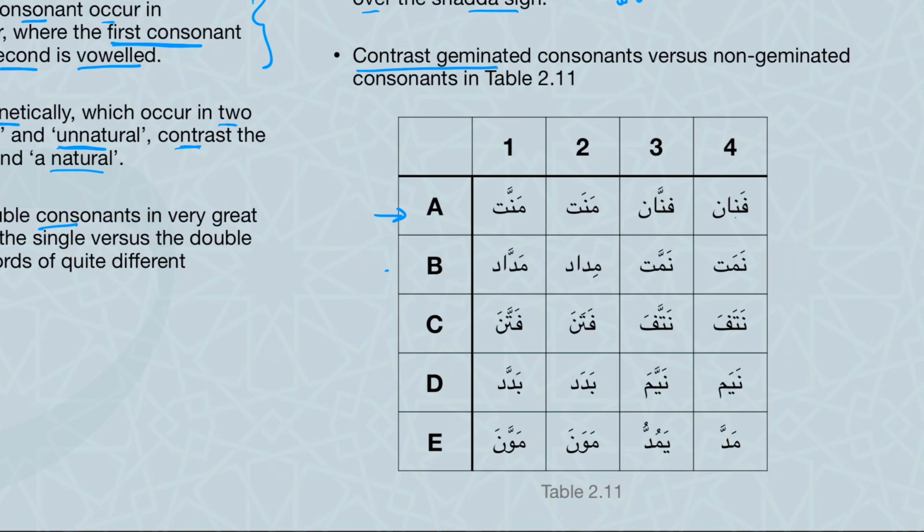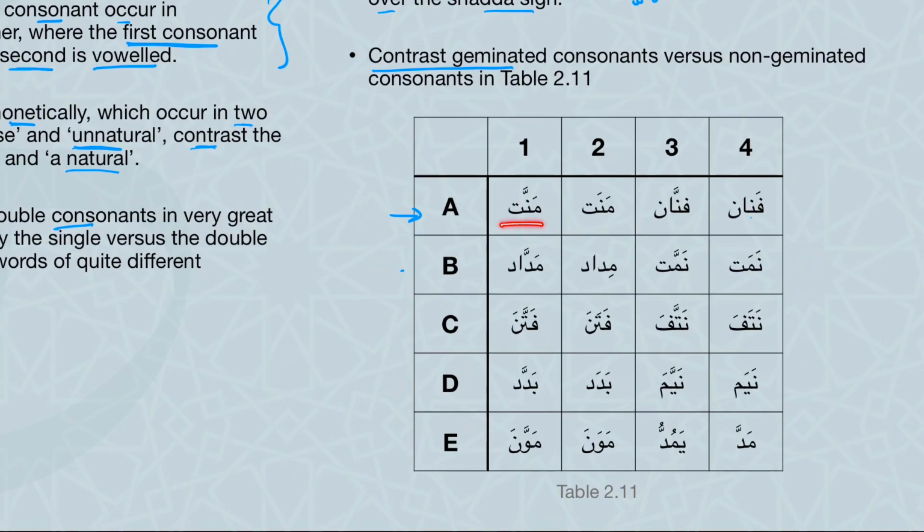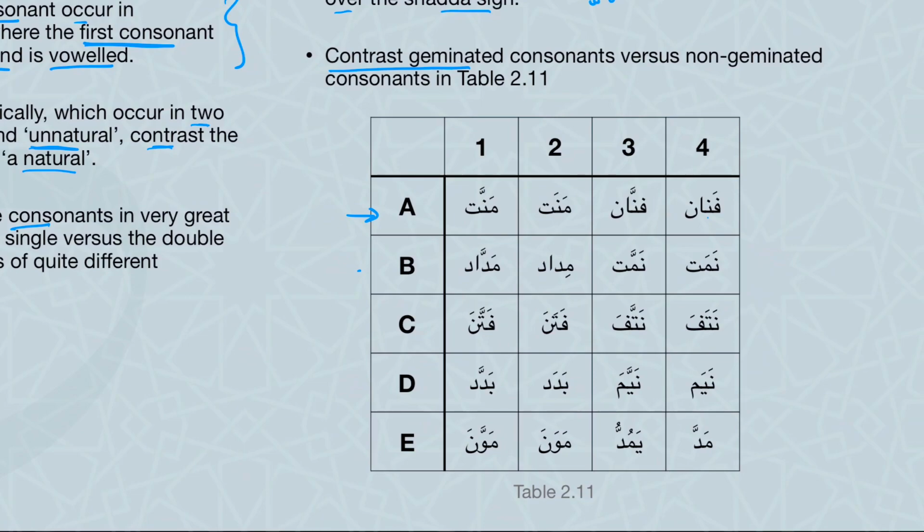Which one? Manat, exactly. So 3 is number 3. Try it again. Fannan, yes, exactly. And 4, fanan.